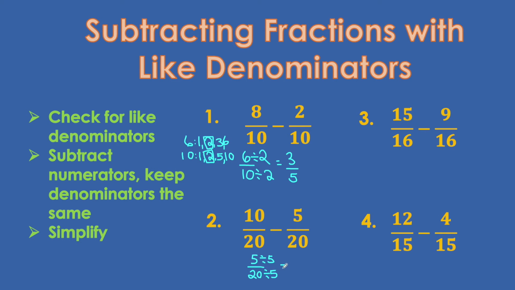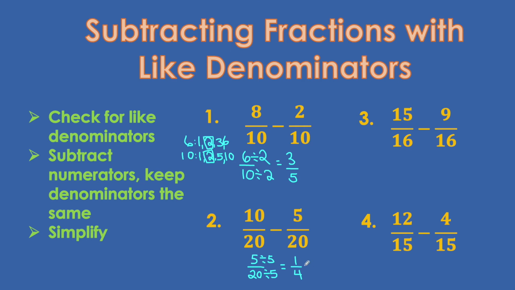So 5 divided by 5 equals 1. 20 divided by 5 equals 4. And this is our final answer because we can't simplify this any further.